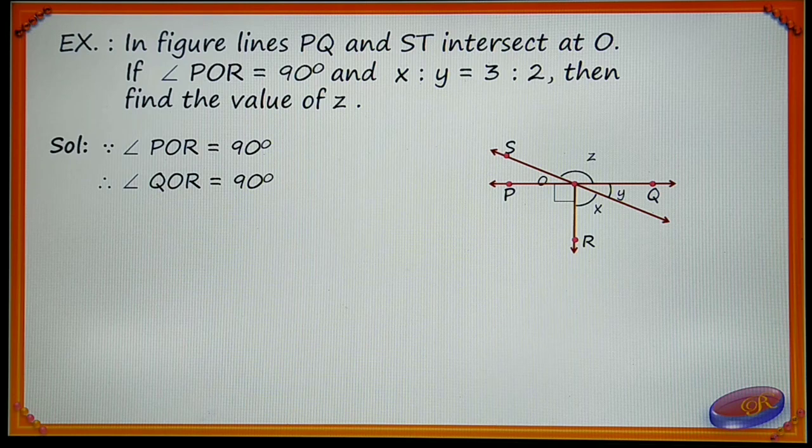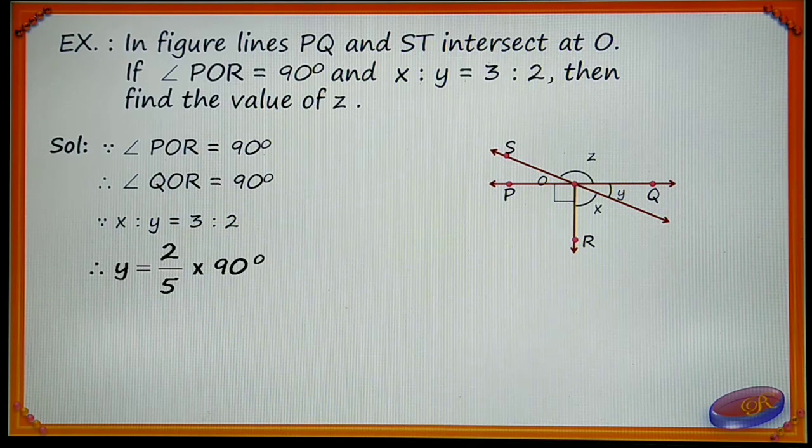Since x is to y is equal to 3:2, therefore this proportion can be written as y is equal to 2/5 into 90 degrees, because angle QOR is equal to 90 degrees, is equal to 36 degrees.